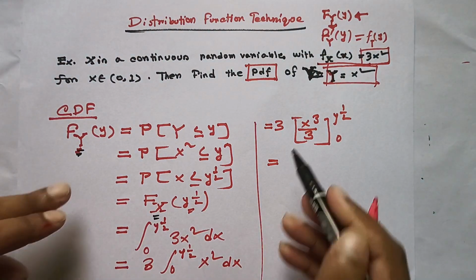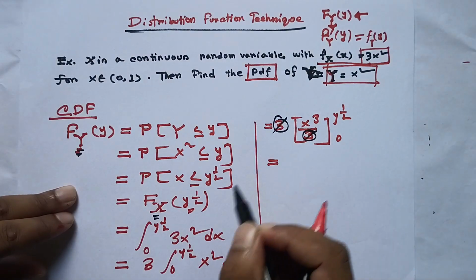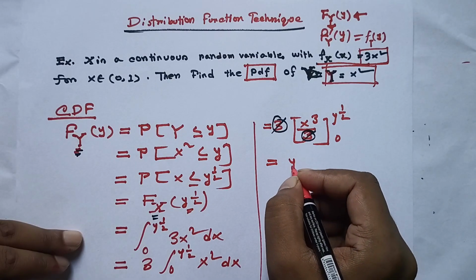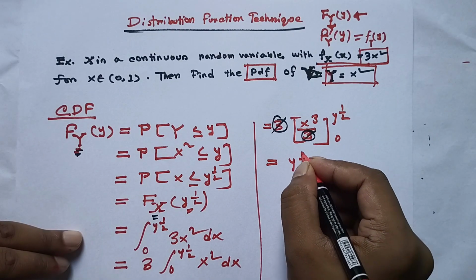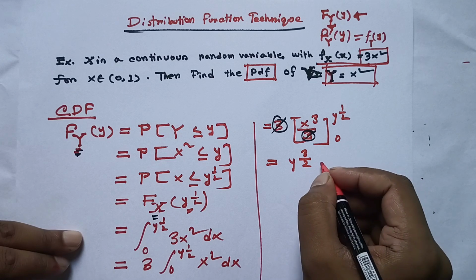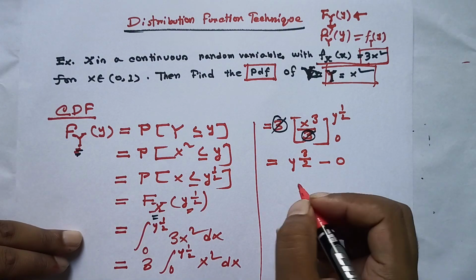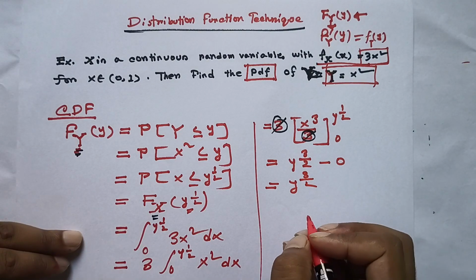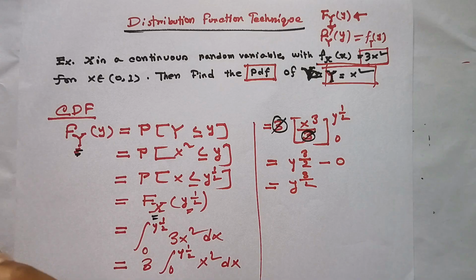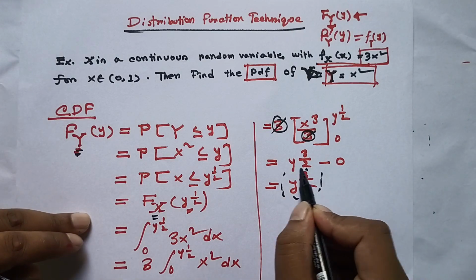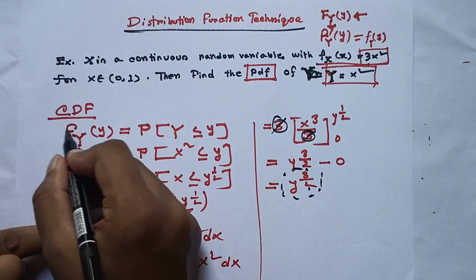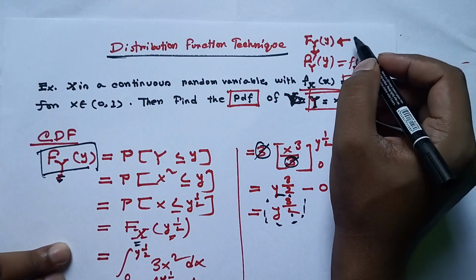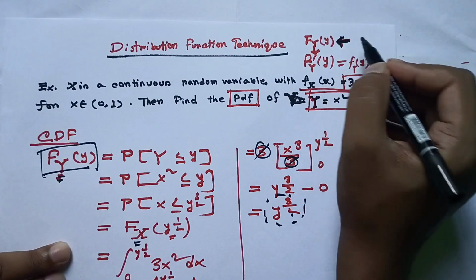This 3 and this 3 will be cancelled, so we will have y to the power 3 by 2 minus 0, and we are left with y to the power 3 by 2. So what is this y to the power 3 by 2? It's nothing but our CDF. So the first step, finding the CDF, is done.